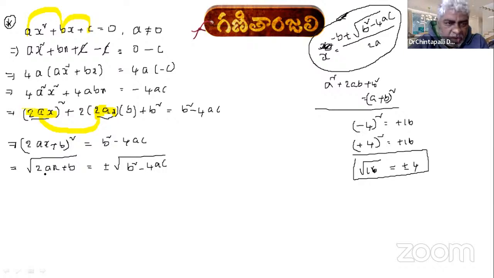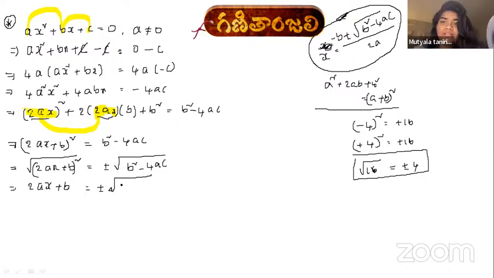Now what happens? The square root of 2ax plus b whole square, root and square cancel. We are left with 2ax plus b equals plus or minus the square root of b square minus 4ac. Very good. Now bring that plus b to the right hand side.